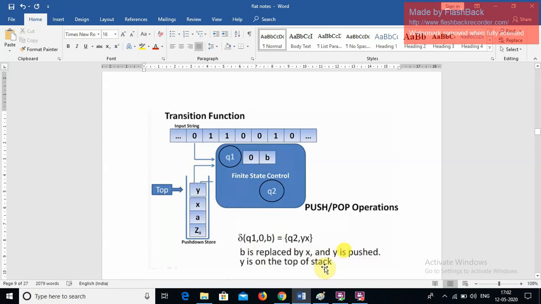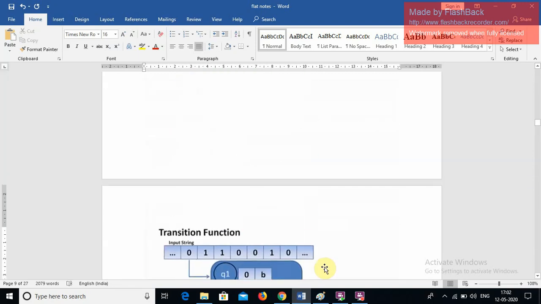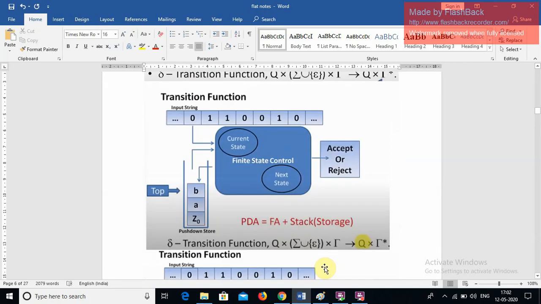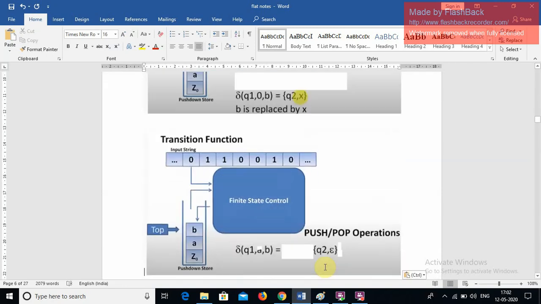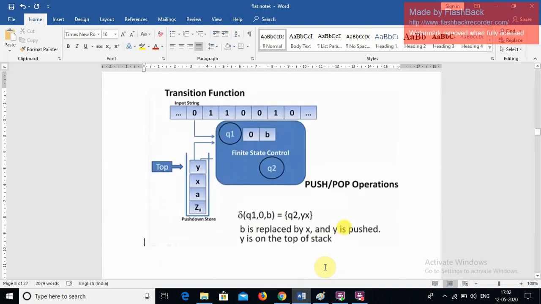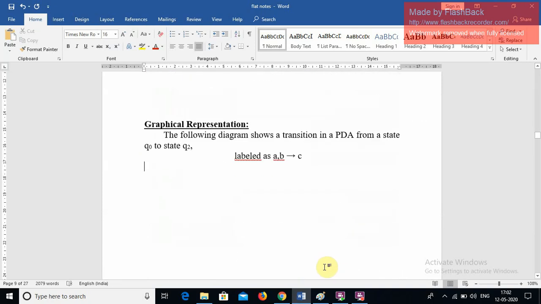Hope you understand the transition function working. If you give a triplet to the transition function, state transition also happens as well as the new variable is pushed into the stack. So this is about the transition function. Let's see the graphical notation of the PDA.